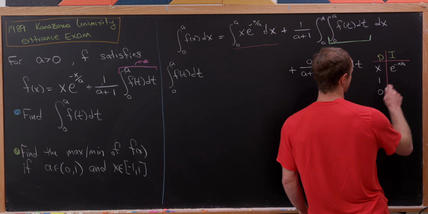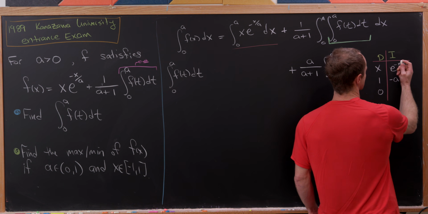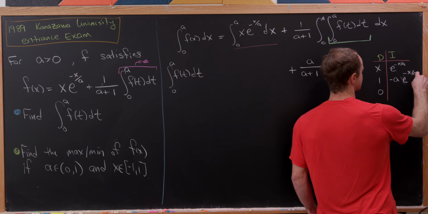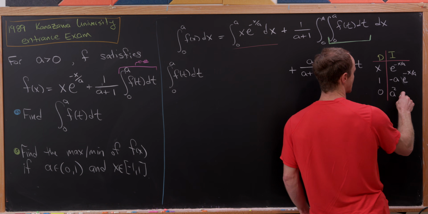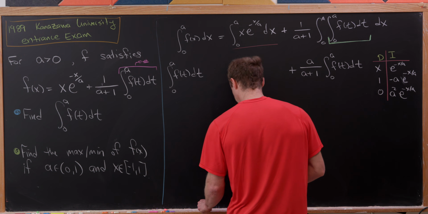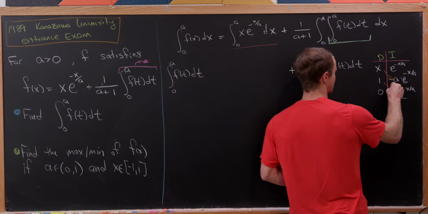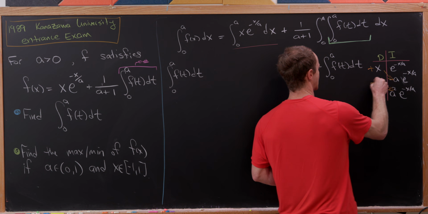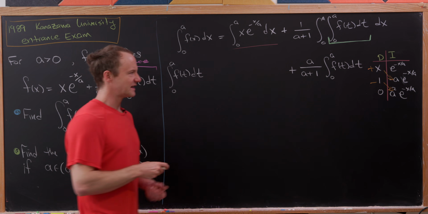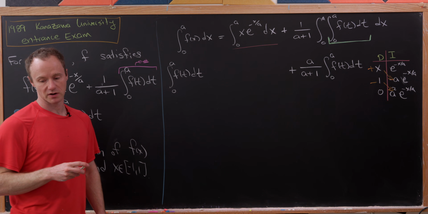Taking antiderivatives here, we'll have minus a times e to the minus x over a. And then a squared times e to the minus x over a. And then, of course, what we need to do now is match everything on the diagonal and then alternate the sign. That's just our quick way of doing an integration by parts.